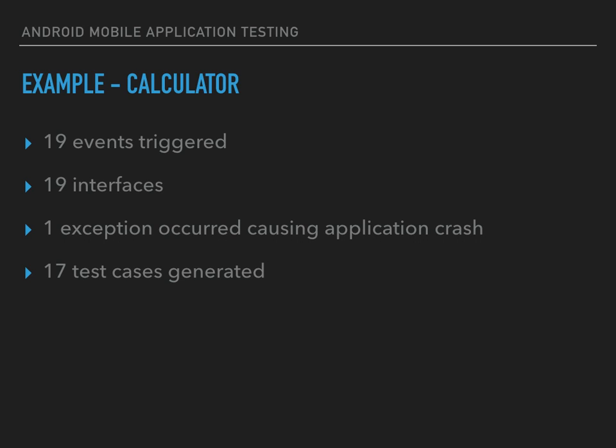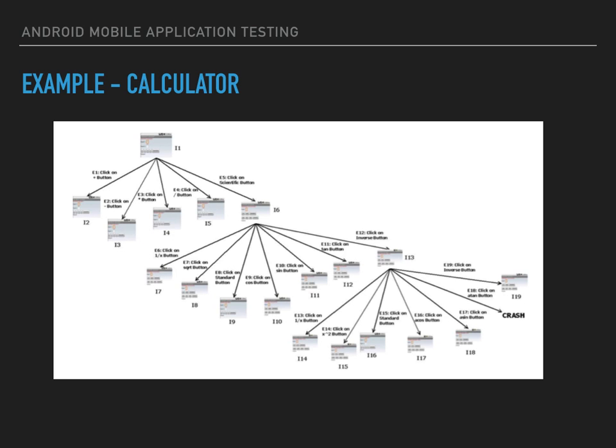So let's just go ahead and look at the model that it created. So you can see here on this model, if you see these top nodes, each of these little boxes or screens, these are interfaces, which are just pretty much screens in our application. You'll see here these arrows coming off of the node, the screen, and these are our transitions. These are events.